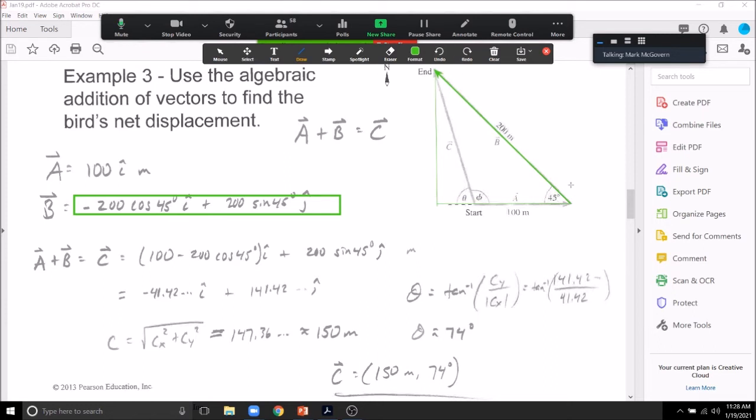For the adjacent side, 200 cosine 45. There's a negative sign there because that component does point to the left, and the left is negative. The y component points upward, so it's positive. The side opposite gets a sine function: 200 sine 45 degrees, j hat.